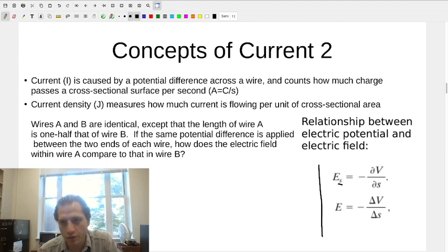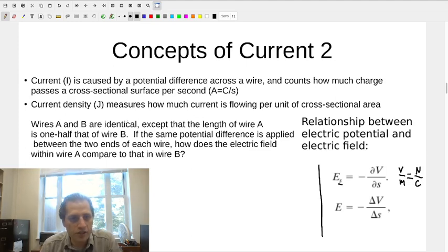So volts per meter is a perfectly legitimate unit for electric field, even though the original units that we found, so this is volts per meter, the original units that we had were newtons per coulomb. This is telling you how is the potential energy per charge changing per meter. This one is telling you the force that you get per charge, but it turns out those are equivalent ideas.